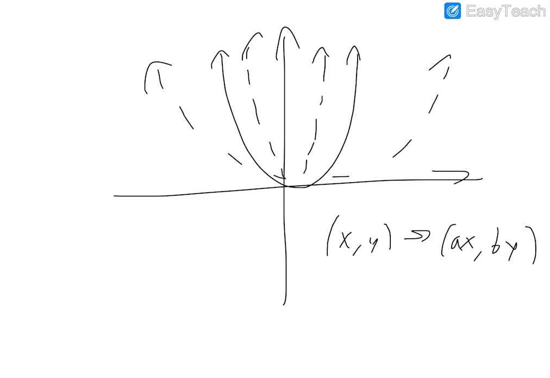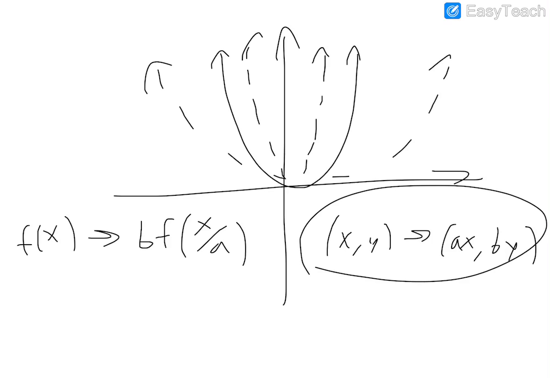Now going back into function notation, if we have function f of x, then this would turn into b f of (x over a), and this is corresponding to this mapping notation here. Why is it the reciprocal? Well, if you think about it, it makes sense, because that way you need a bigger value for x for it to be the same as before.